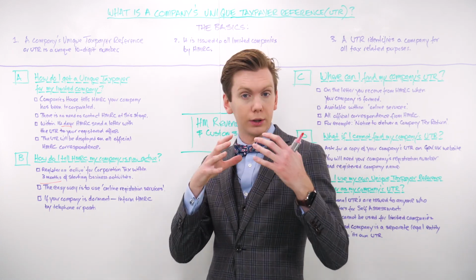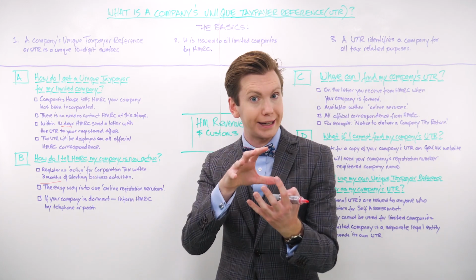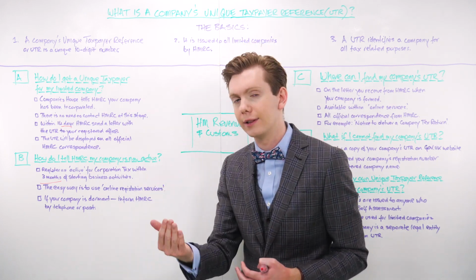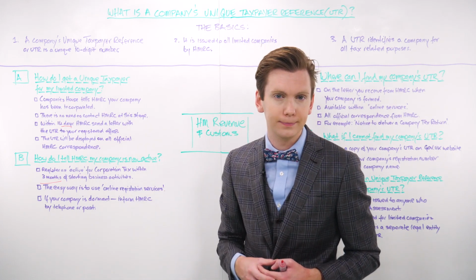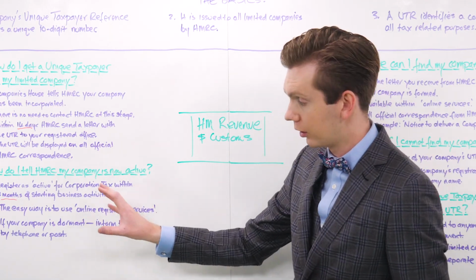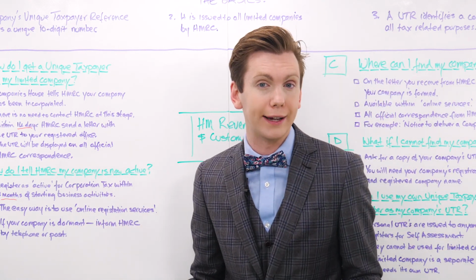This information will enable HMRC to work out your accounting periods and deadlines for paying corporation tax and delivering company tax returns. If your company is dormant, then you should inform your local corporation tax office either by phone or by letter.